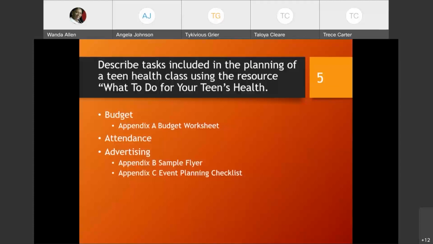Also, having the local radio station announce your class. Oftentimes, radio stations will give away a certain amount of time to nonprofits to advertise interventions that they have available for the public. Also, you could use phone calls, emails, different types of measures to advertise your class.